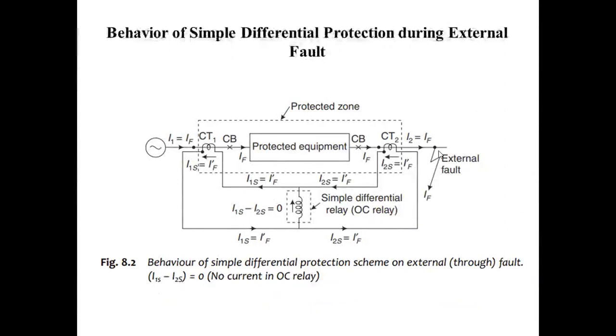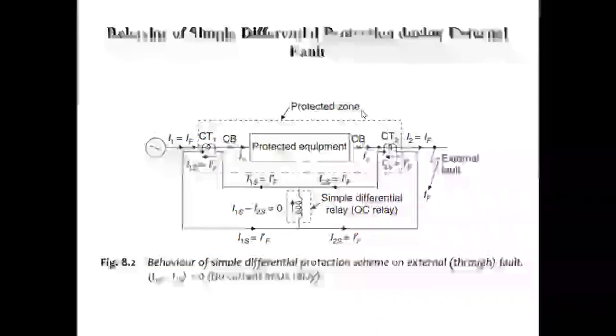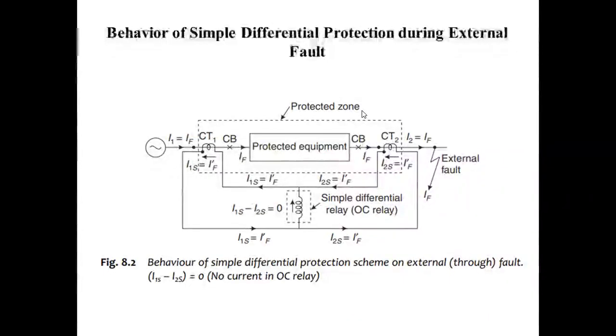Due to that excess current, CT2 senses this current, and the current passing through CT2, I2S, is nothing but the external fault current. So even in that external fault condition, this type of relay operates. It is the main drawback of simple differential protection.